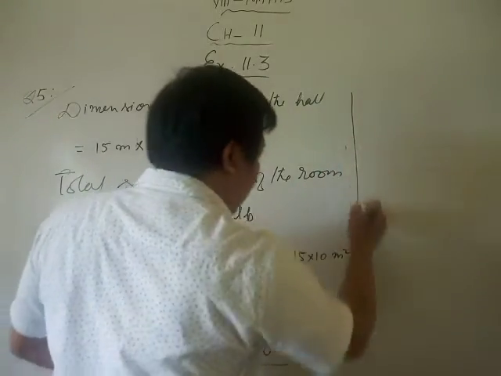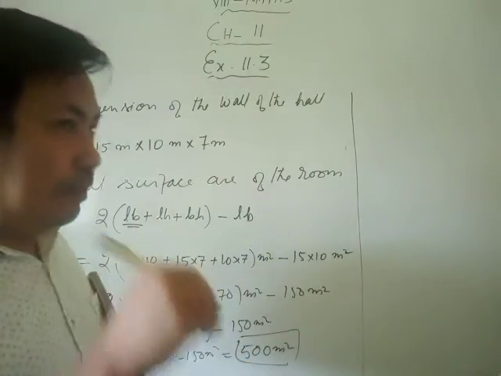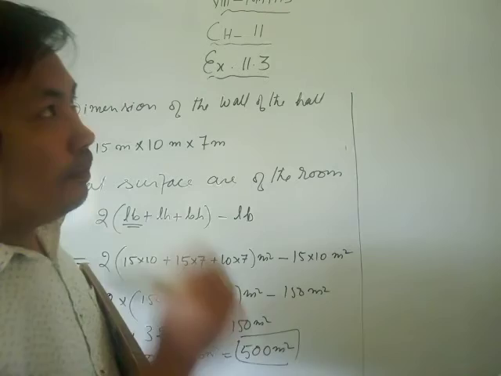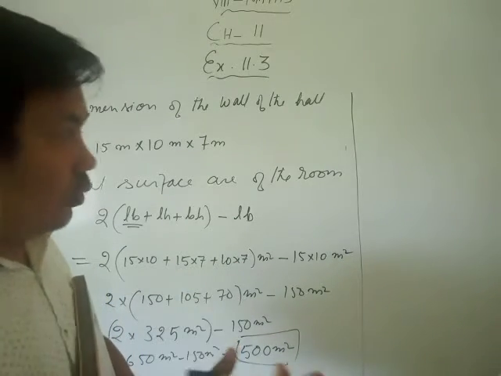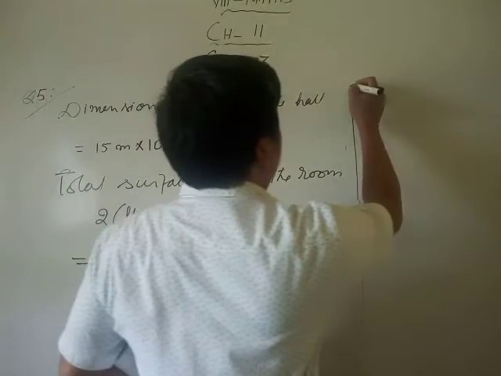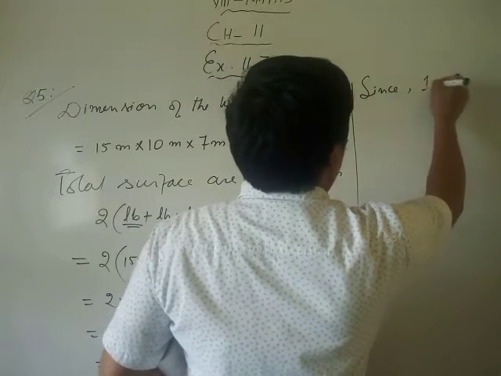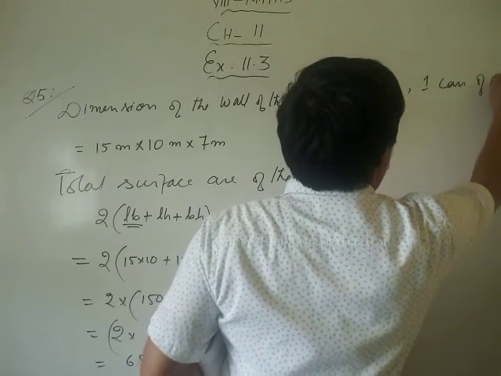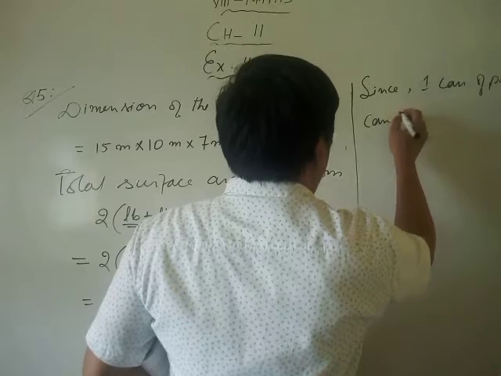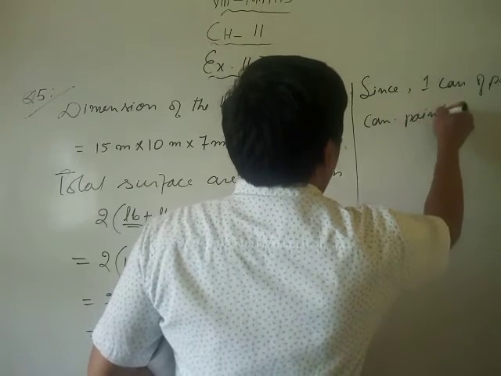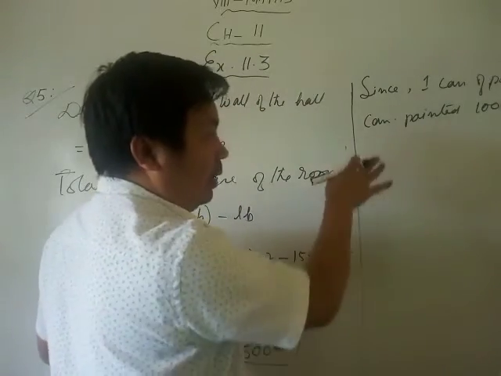Now what happens? Number of cans. One can of paint can cover the area of 100 meters square, isn't it? Therefore, since one can of paint can cover 100 meters square, it is given in the book.